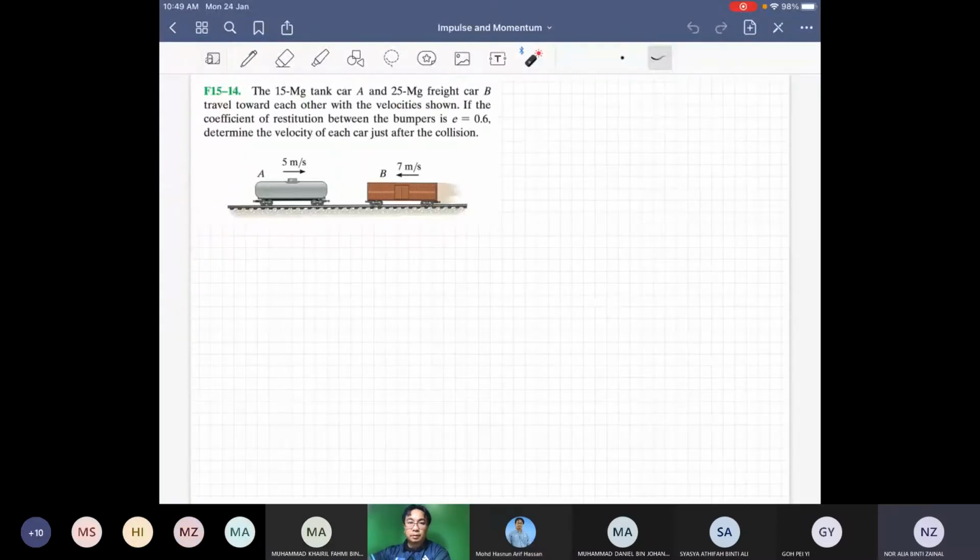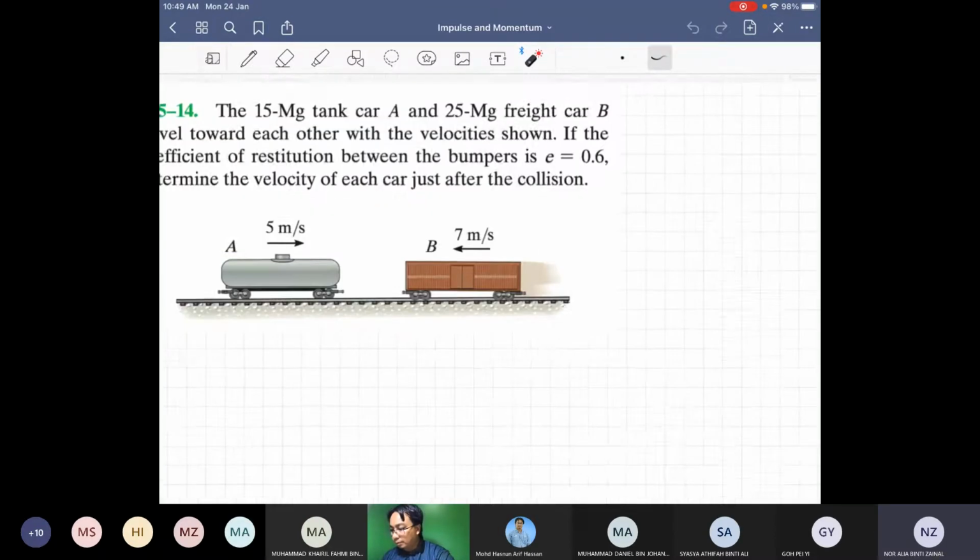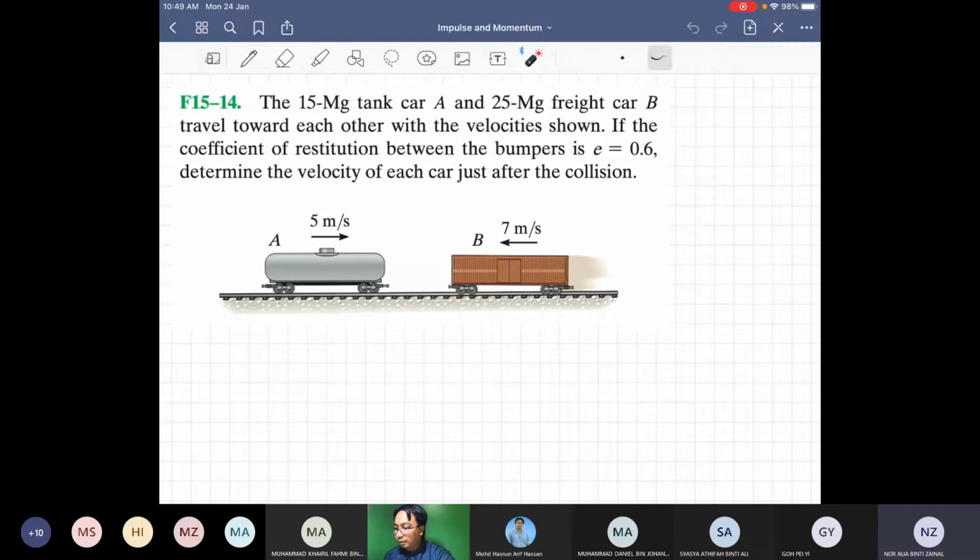Let me share the screen from here. Okay, do you see my screen now? Yes, sir. Okay, so let's read the problem. The 15 megagram tank car. I have explained in the previous class what is the meaning of megagram.